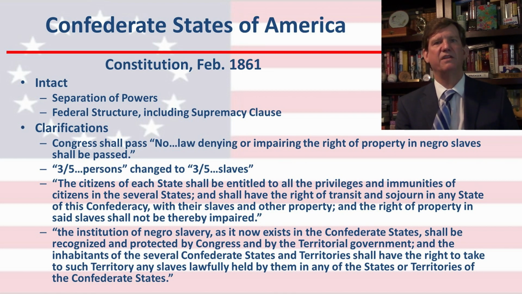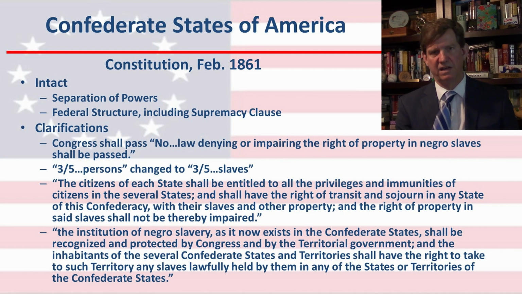Congress had no right or sovereignty to regulate slavery. Each individual slave owner, each individual property owner, had the right to maintain their property without the interference of a government. This was the purpose of the Confederate Constitution.